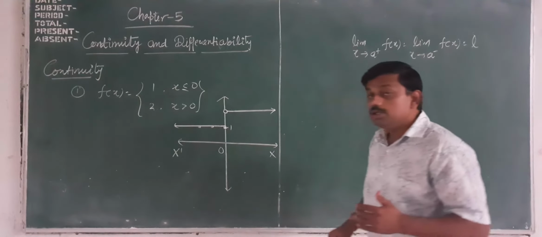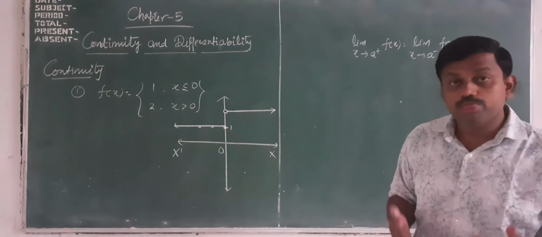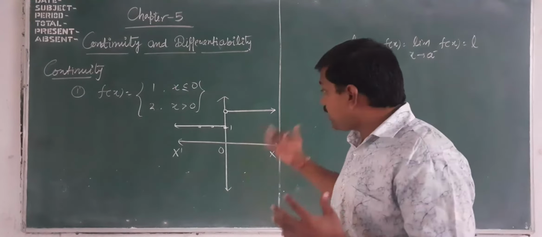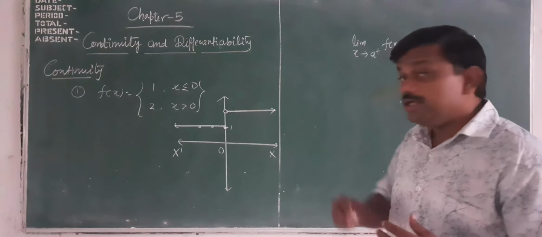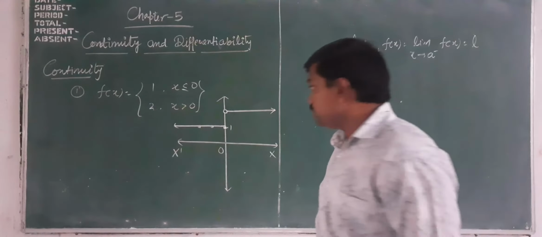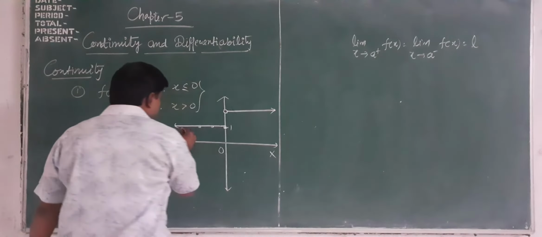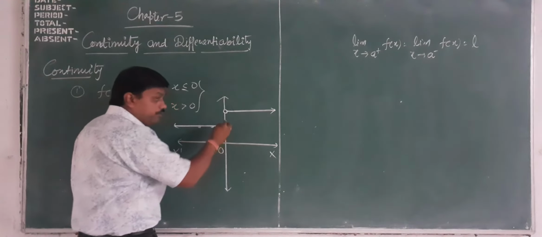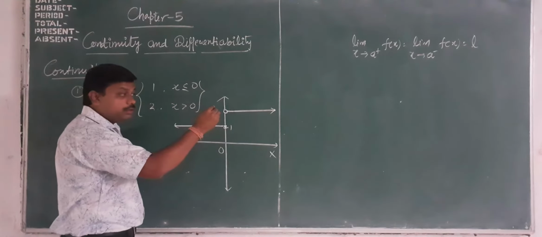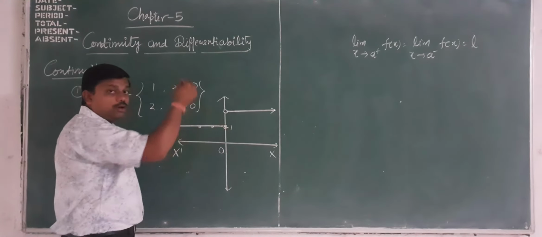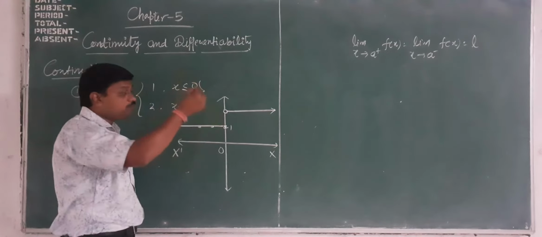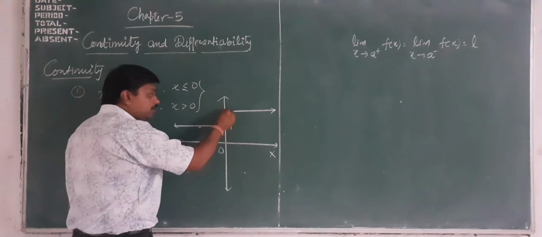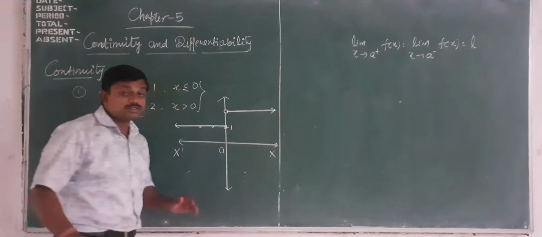It means we cannot draw the graph of this function in one stroke. Suppose we draw this function up to this point, then we have to lift the pen from the board, and then we draw the rest.